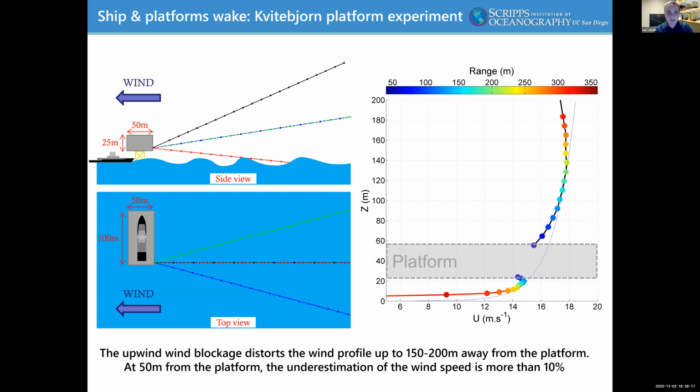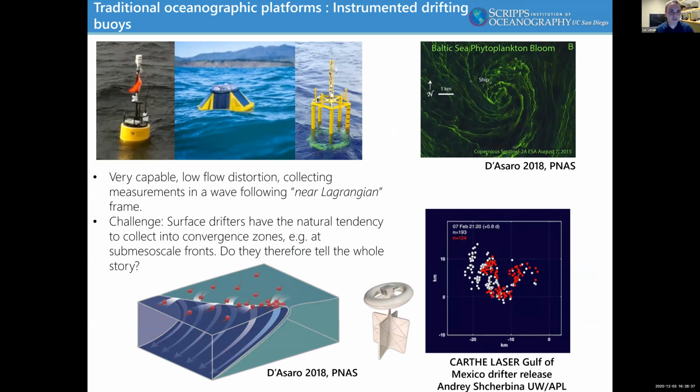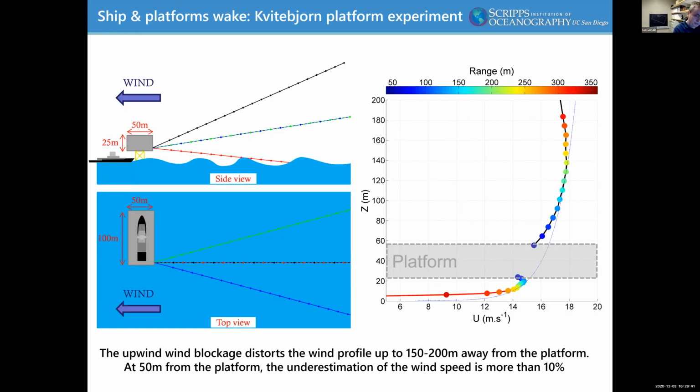You're going to have a deceleration of the wind that will lead to an underestimation of the wind speed of up to 10%, up to 150 meters away. So like 3 or 4 times the platform height, which is quite significant. It gives you an idea of the order of scales of the things that you're dealing with for flow distortion around the ship.